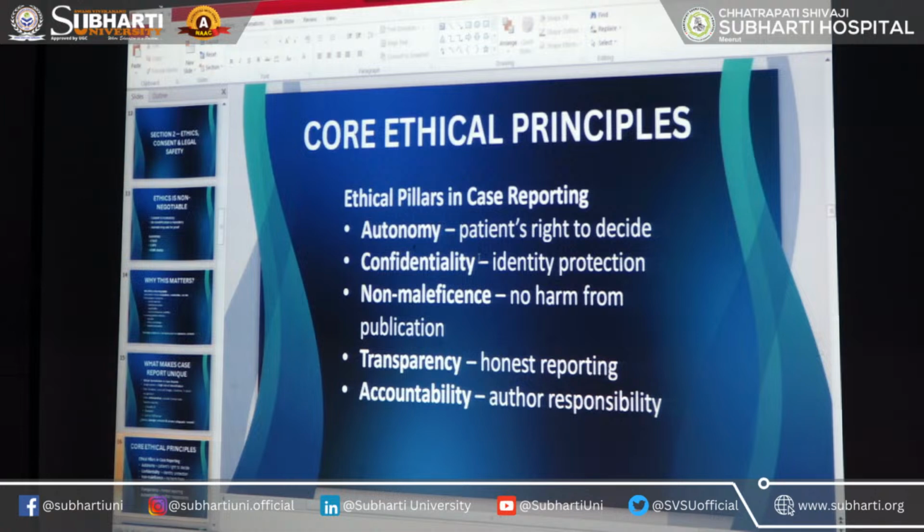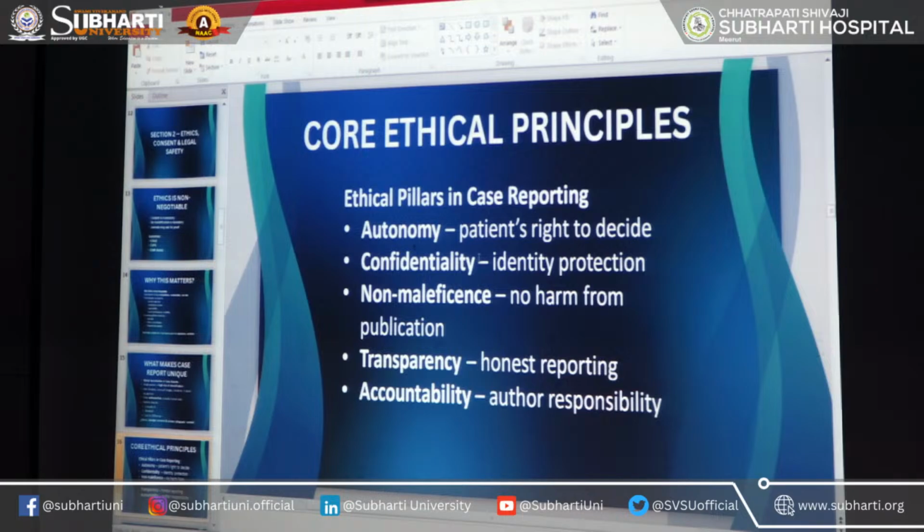Suppose I got a patient and I found something rare, and I published it. I made the point that I had a patient who was suffering from a communicable disease, and my patient was living in that particular society and area.